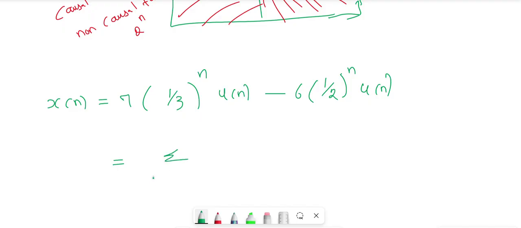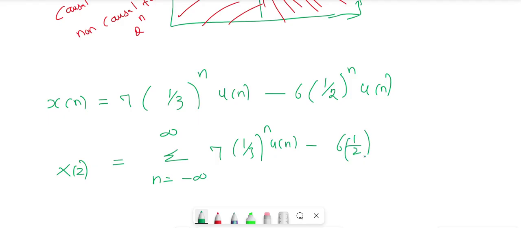The summation of n from minus infinity to plus infinity of x of n z to the power minus n.